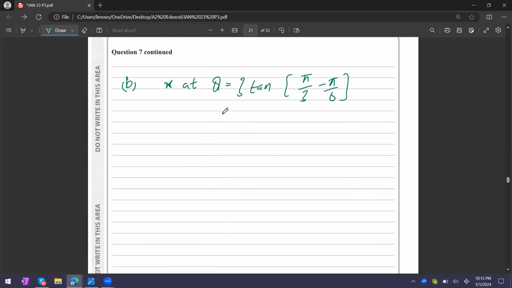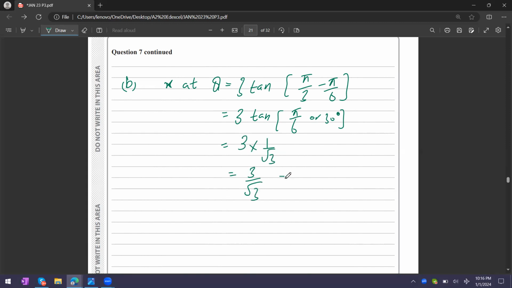So you can get the x coordinate as, let's do it in a few steps, 3 tan of pi by 6, which is 30 degrees. So what is tangent of 30 degrees? 1 over root 3. So 3 times 1 over root 3 is 3 over root 3.